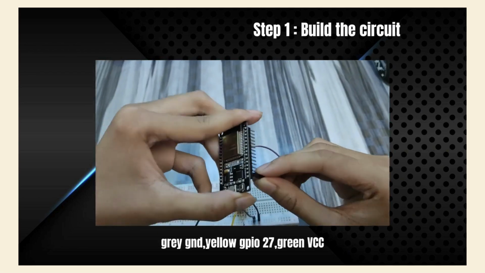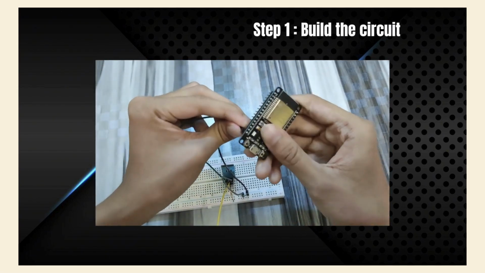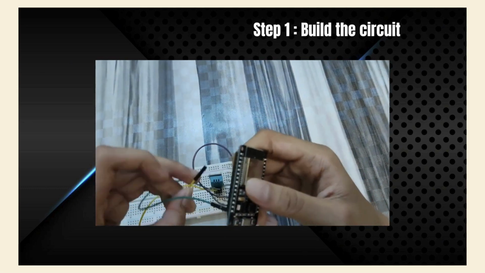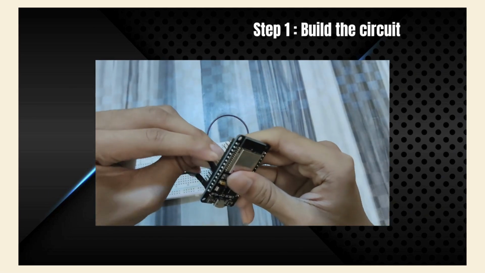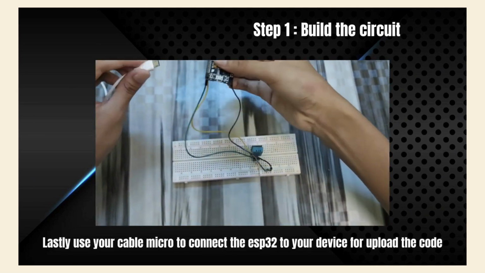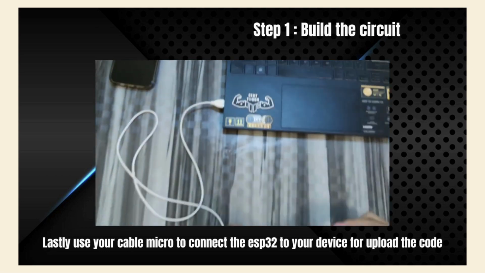Gray GND, yellow GPIO27, green VCC. Lastly, use your micro cable to connect the ESP32 to your device to upload the code.